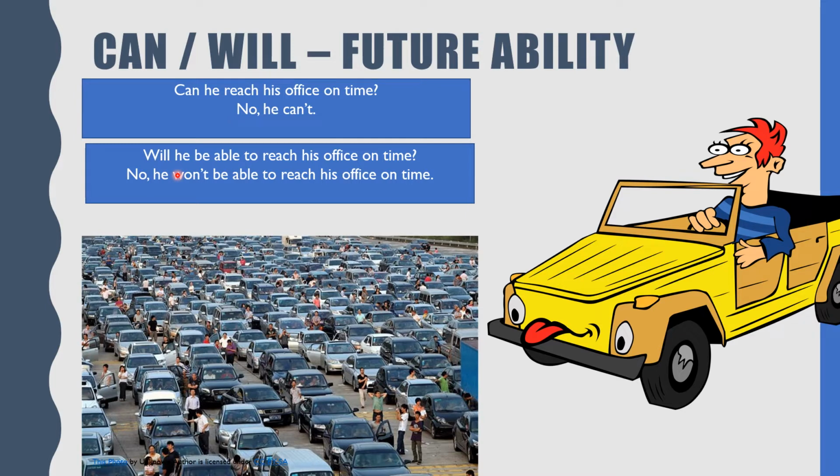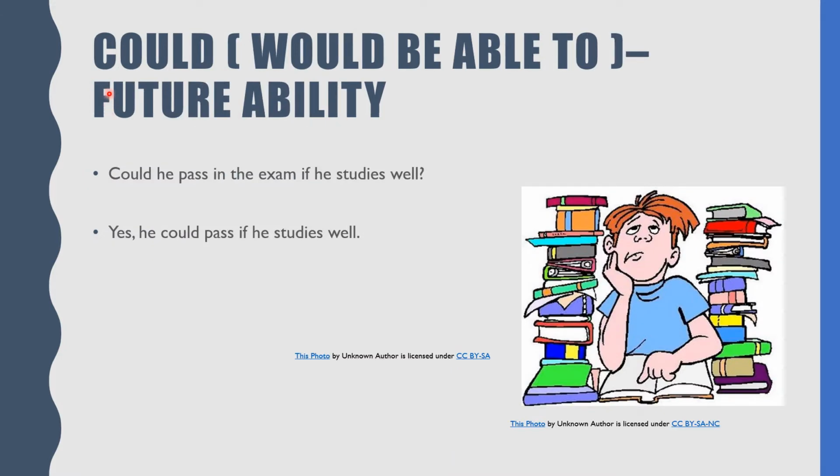Next, we are going to look at could to talk about future ability. The meaning of could can be would be able to. So look at this person. What is he doing?